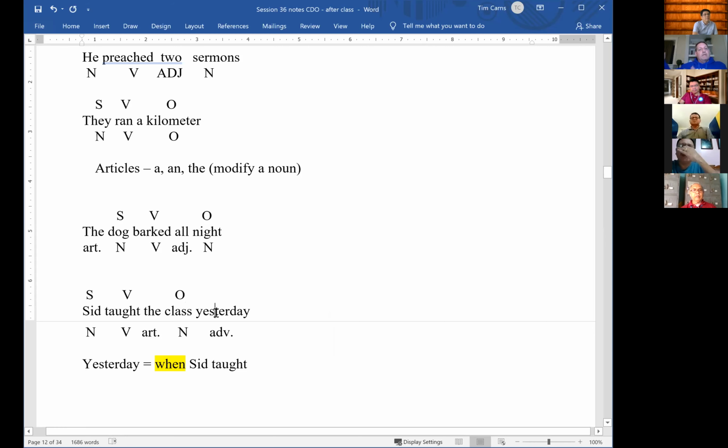It's talking about a time. It would make sense if it modified class because it's next to it, but that's not how it's functioning. It's answering the question when, and so it's going to modify a verb, in this case, taught.